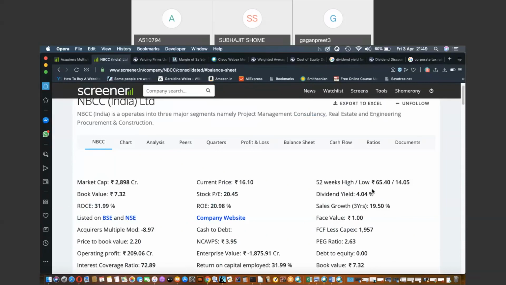So now intrinsic value per share is equal to your intrinsic value, how much we calculated? 6503 divided by 180. Let's take 6504 only. 6504 divided by 180. Now how much is this?